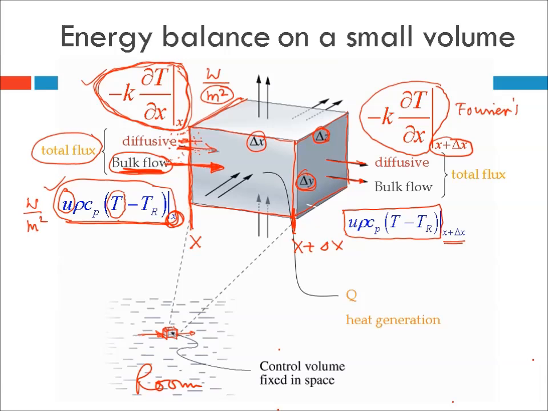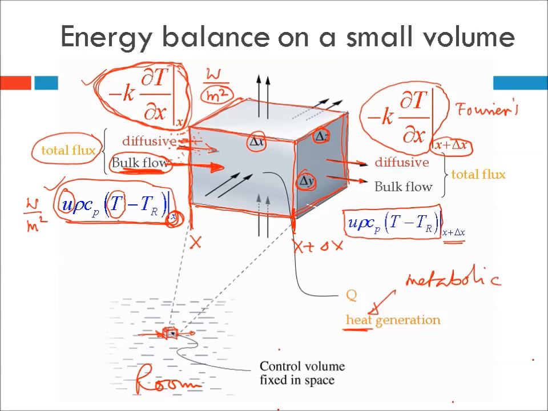Now this same volume can have heat generation. What is an example of heat generation? If this is tissue, then this could be metabolic. If this is air, of course, there is no other source of heat generation, but we're not doing this for air or tissue. We're doing it for an arbitrary system.